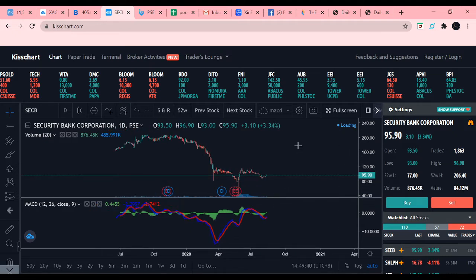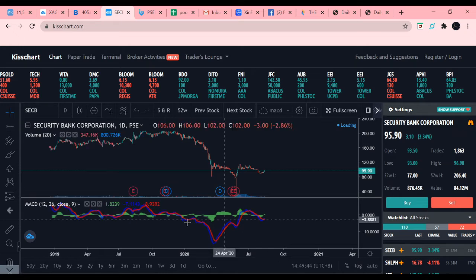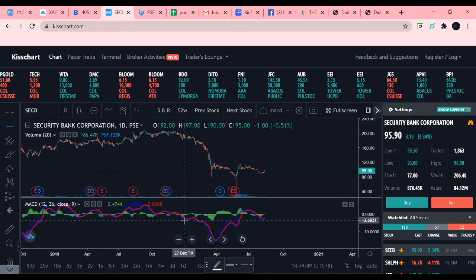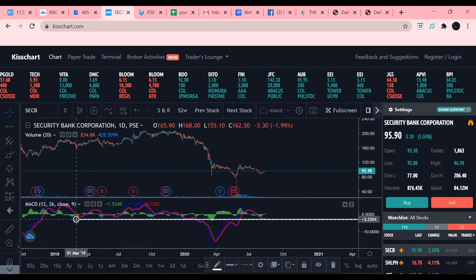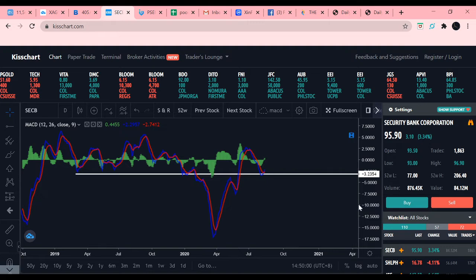Ganun din. Nagkaroon siya ng dito. Nag-serve din siya as support. This area. O, diba? So, actually, nag-cross siya. So, nag-cross siya. So, it's a bullish.